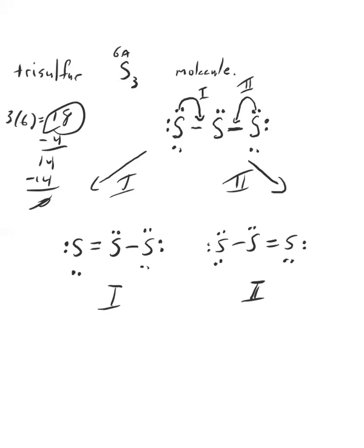So resonance ends up being important in some really famous chemical molecules. So let me show you one example where it's very important. There is a molecule called C6H6, that's the formula for it. It's called benzene.